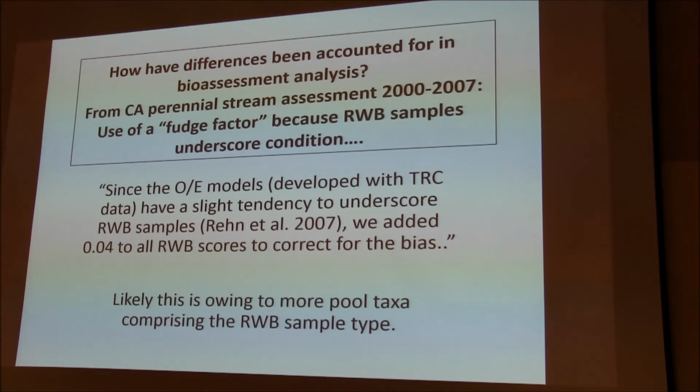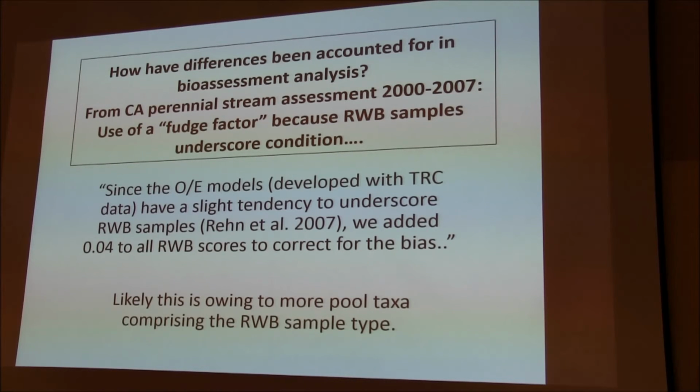From the California Perennial Stream Assessment of 2000 to 2007, essentially a fudge factor was used to adjust differences between target riffle values that had been collected in the past and reachwide benthos samples, because there was an underscoring observed with those reachwide benthos samples, likely due to the fact that they contained more pool taxa than riffle taxa.